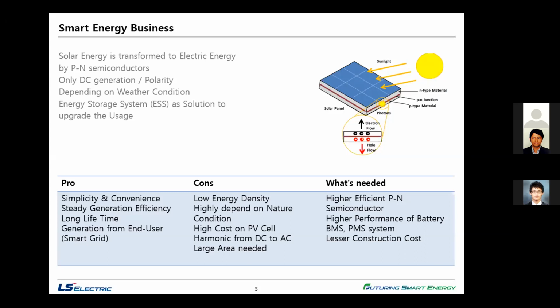Also, PV is highly dependent on weather condition, and you cannot control weather condition. So in the end, ESS and the storage system usually come as a package deal to keep more sustainable energy management. I have arranged here some pros and cons of using the PV system.